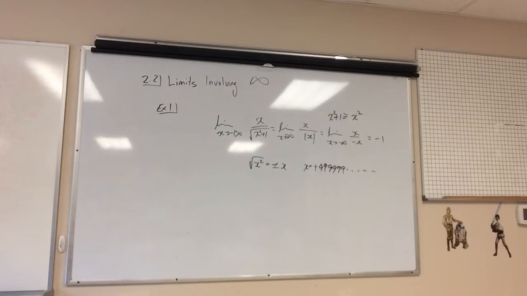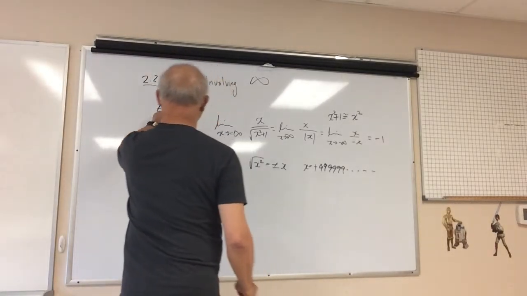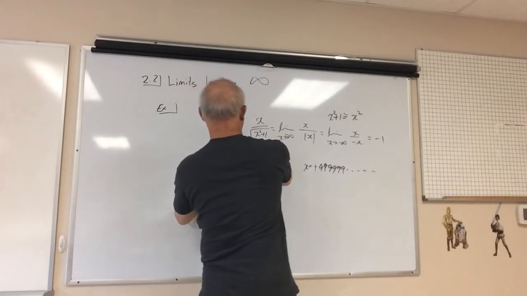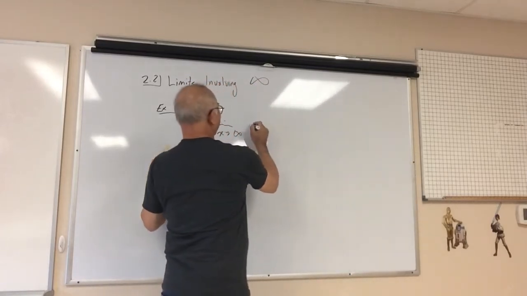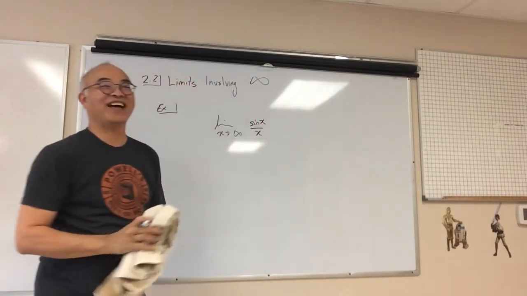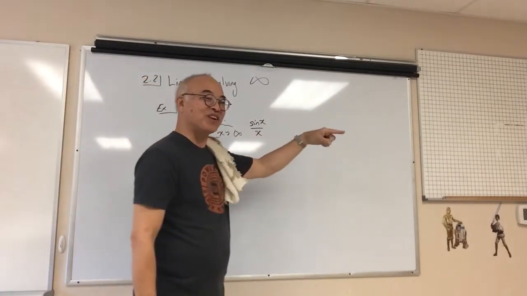Let's go to example number 2. Now we're going to look at the same thing we did before: squeeze, sin x over x. If you remember this graph, what happened when it goes to infinity?